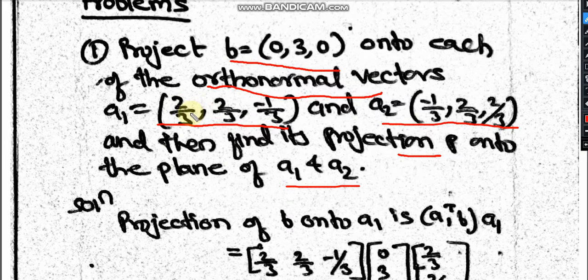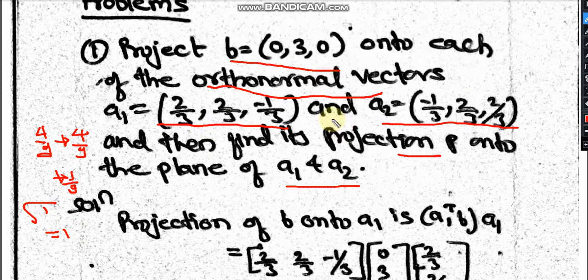You can even check that automatically. If I add the squares of these, 4 by 9, 4 by 9, and 1 by 9, it becomes 9 by 9, which is 1, and the square root of 1 is 1. So the length is equal to 1.